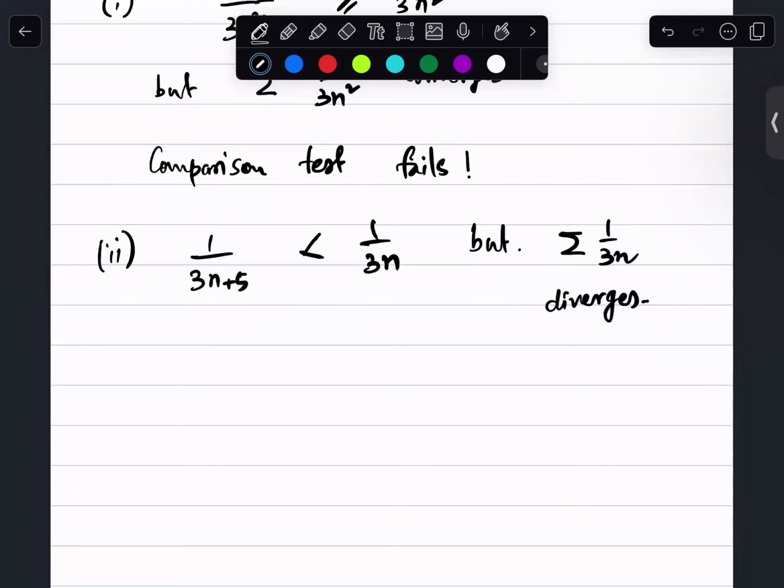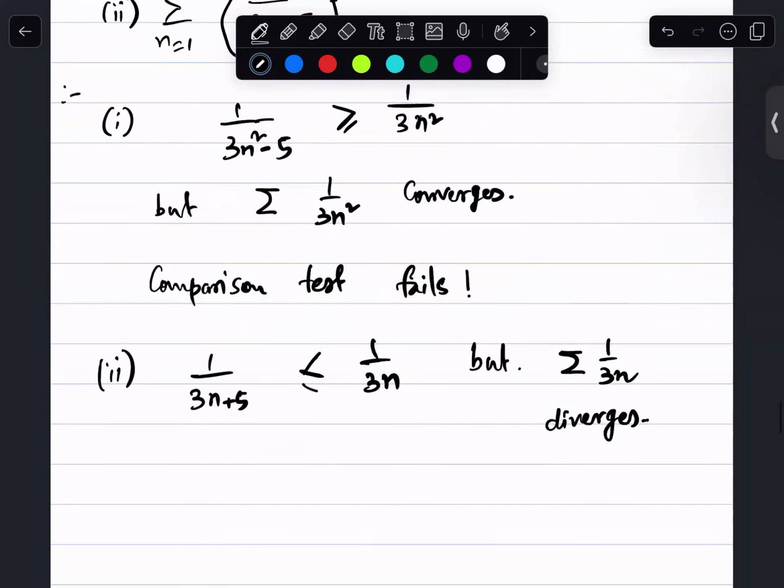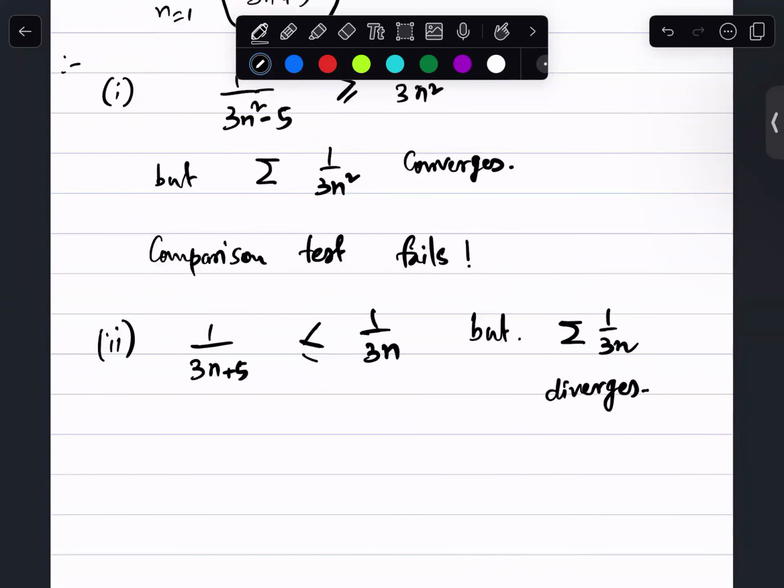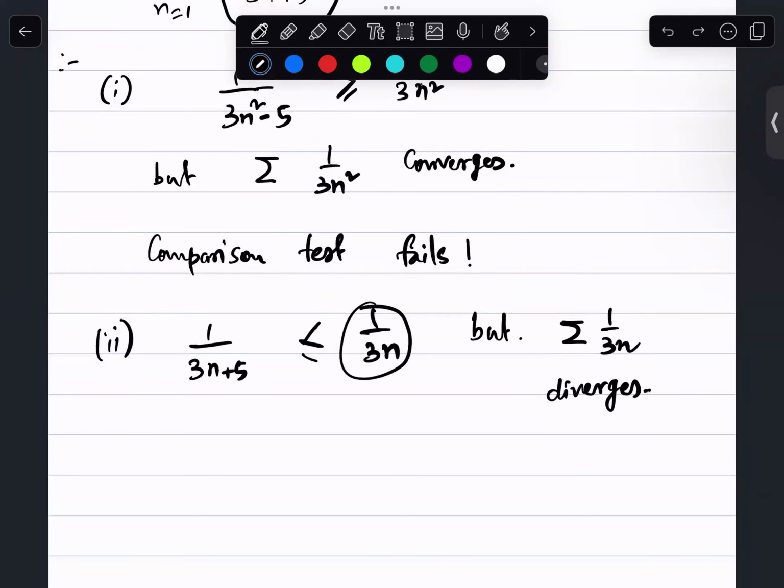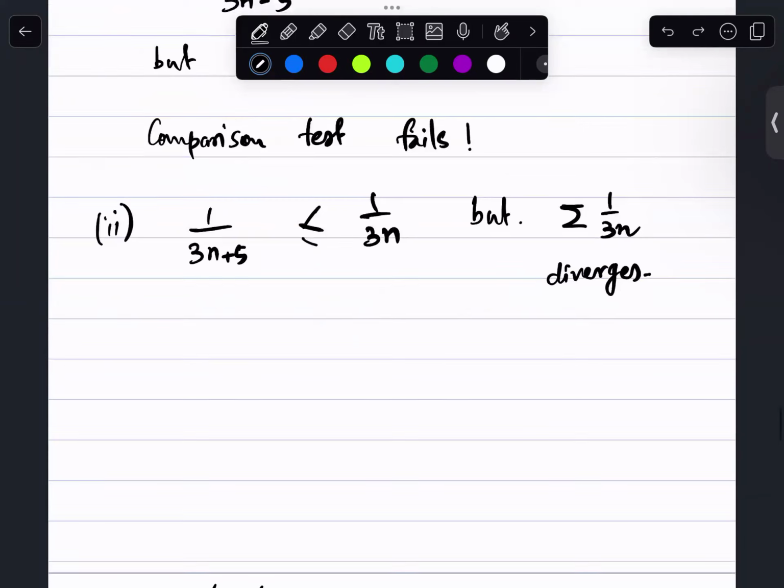According to the comparison test, the series with the right hand terms of the inequality should converge. So therefore, again, the comparison test fails.